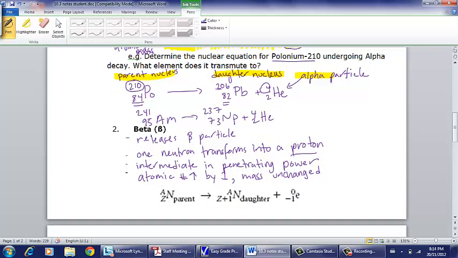How this would look in the general equation is you would have the parent nucleus with whatever its mass and its atomic number. The daughter nucleus would have the same mass, but now the atomic number has increased by 1, and we're showing a beta particle being emitted.